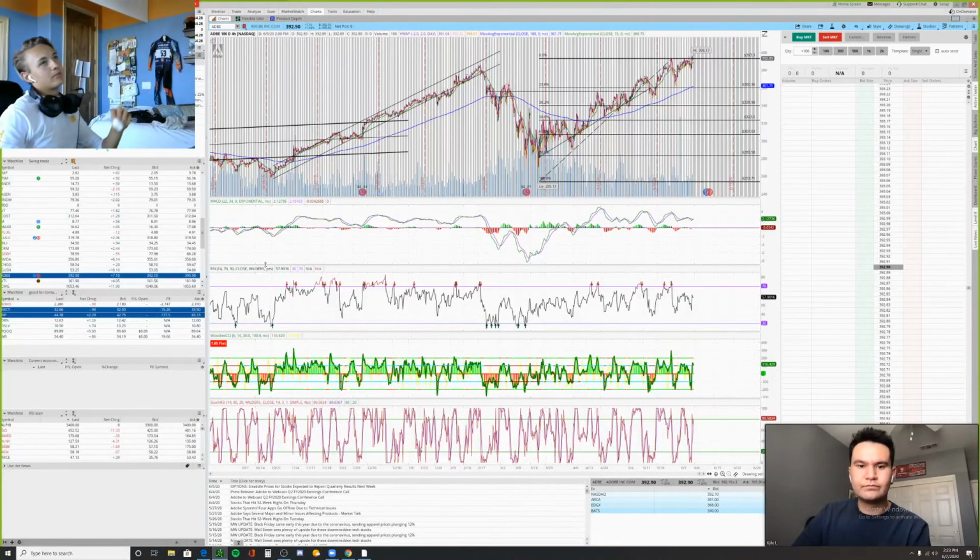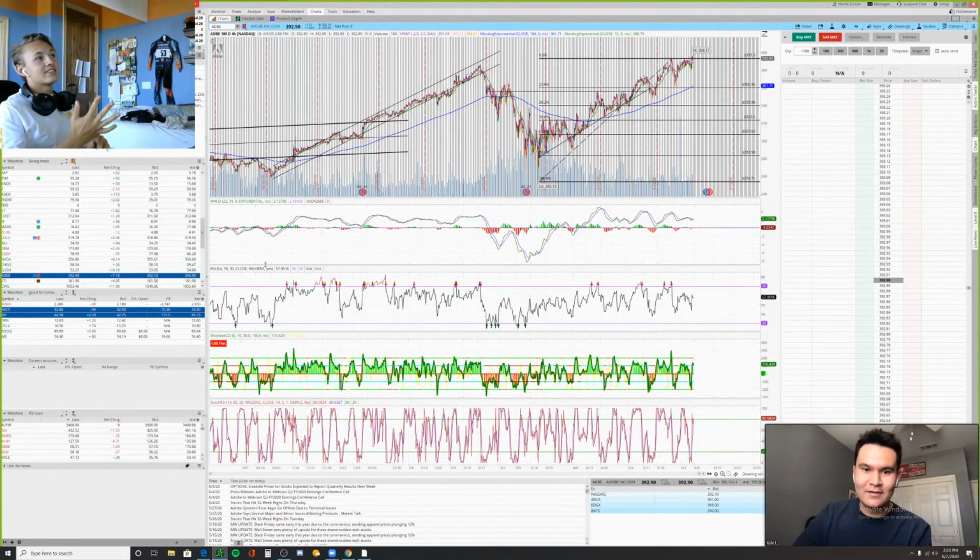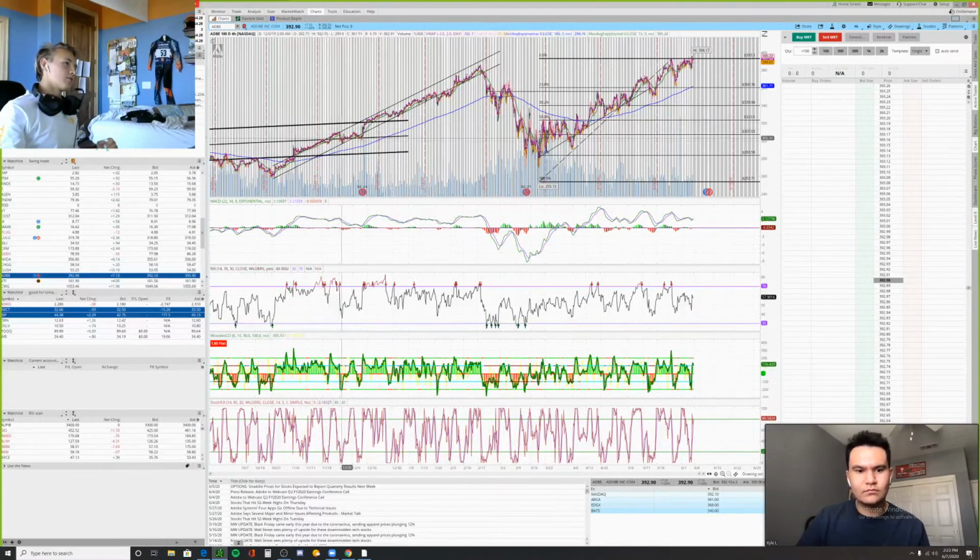Adobe. So, ascending triangle again. It's also a staircase stock, but has been pretty decent right now. It's not a really good performer, but it's good for long term.